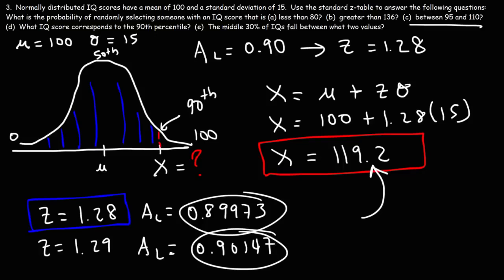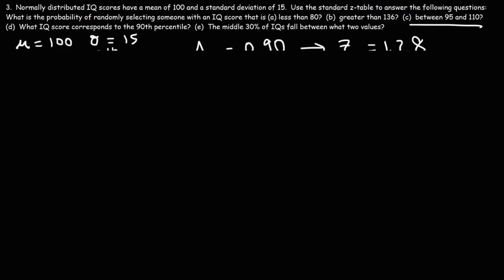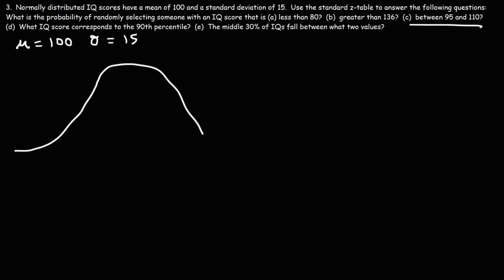Part E. The middle 30% of IQs fall between what two values? So what do you think we need to do to get that answer? Part E is very similar to Part D. Let me show you why.